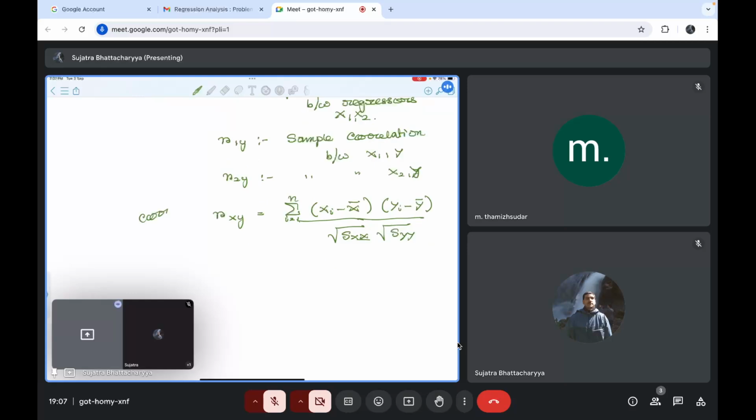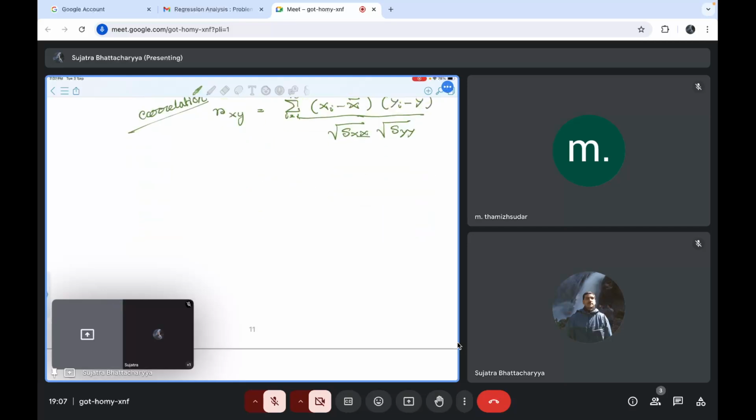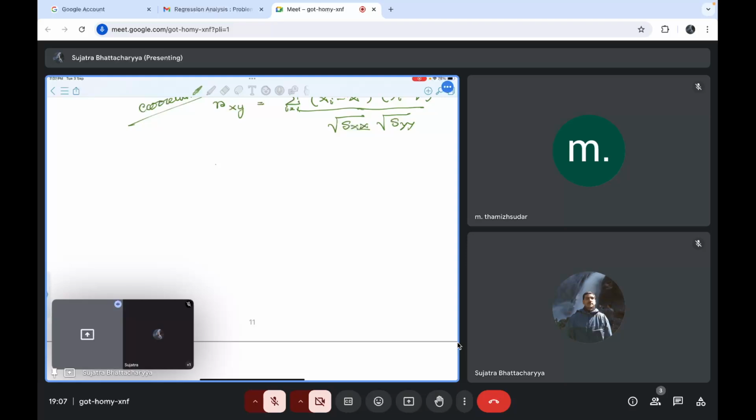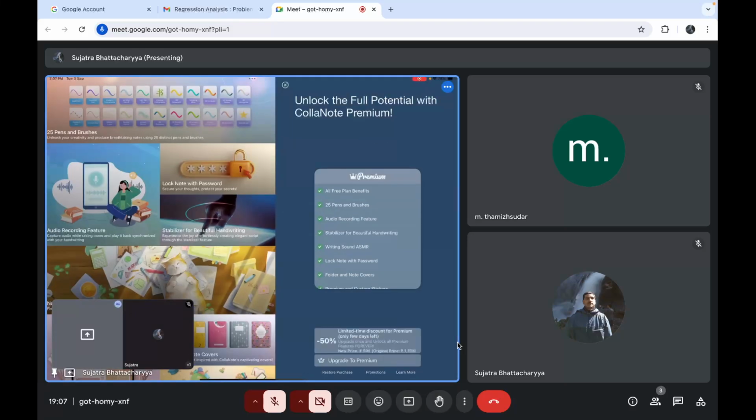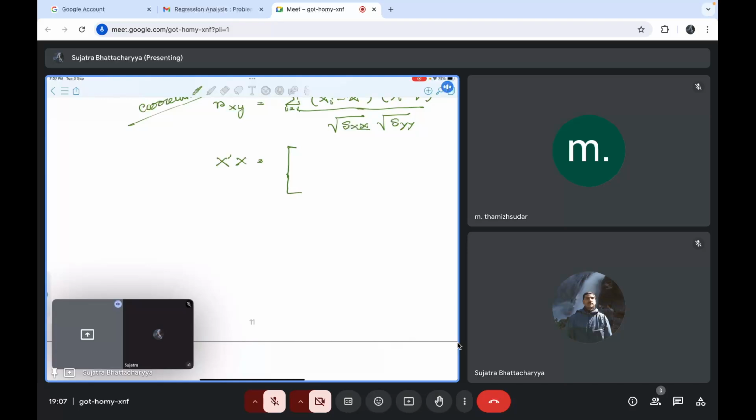So if you now multiply this X prime and X, the way we have centered and scaled, matrix multiplication X prime X, you will get a correlation matrix. So X prime X, therefore, assume that we have got the correlation matrix. This we will see in the practice problem.